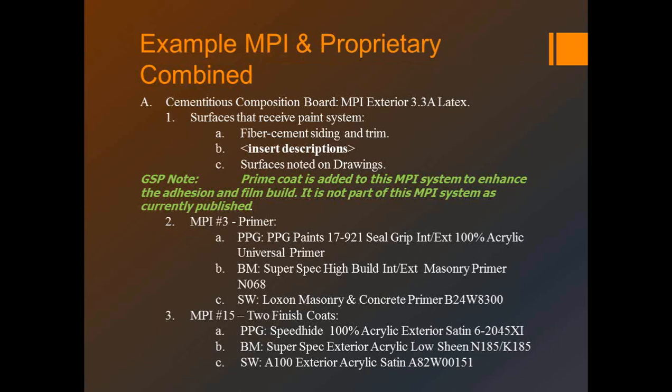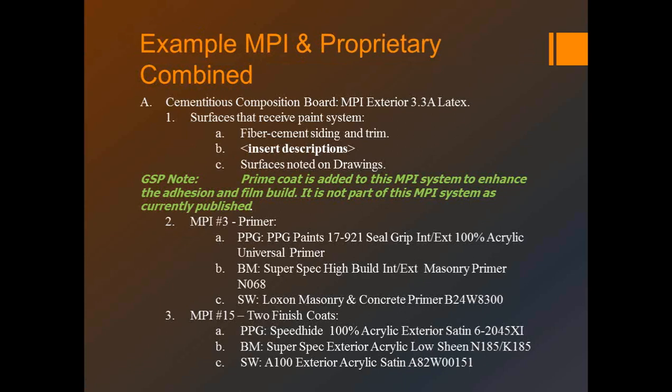One of the things that surprised me was that on a number of the paint systems, what we actually want to accomplish is not strictly per the MPI standards. So you want to talk about that a little bit, Kent?